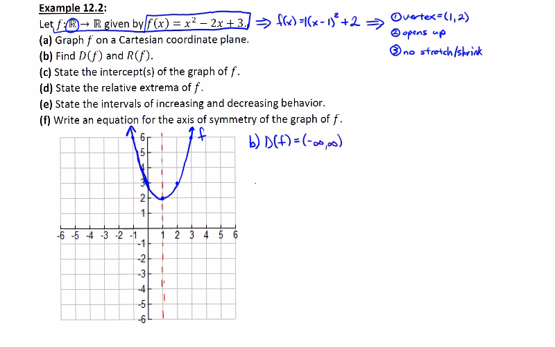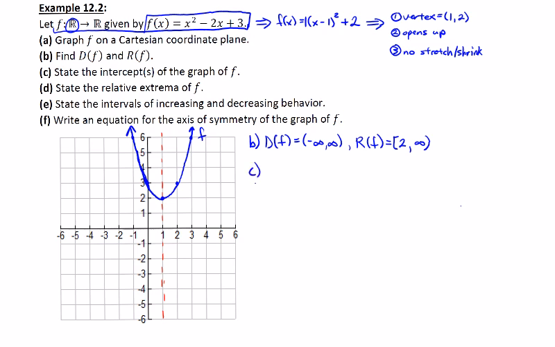But the range is something that we need to look at on the graph. The range is going to have a low value of positive 2. So I'll put a hard bracket at 2. And since the parabola opens up, it's going to be unbounded going toward positive infinity. So we would say from 2 to positive infinity.